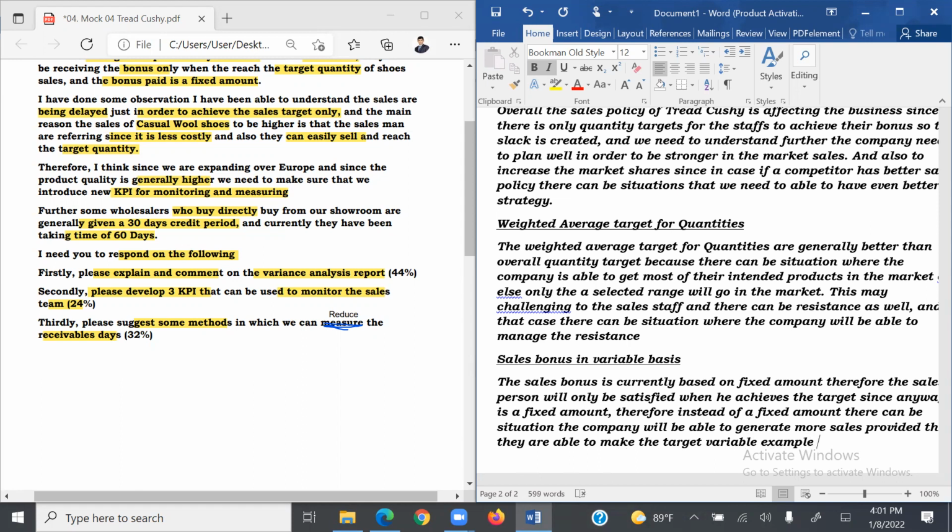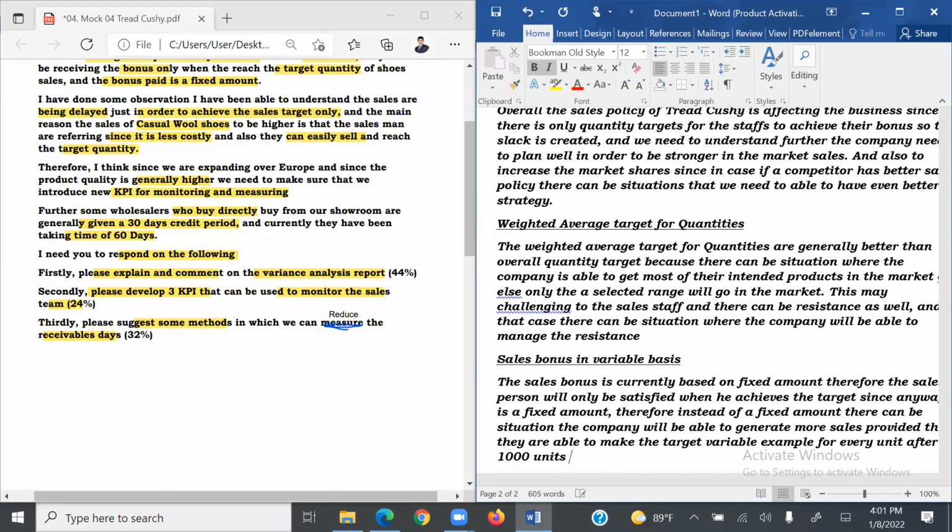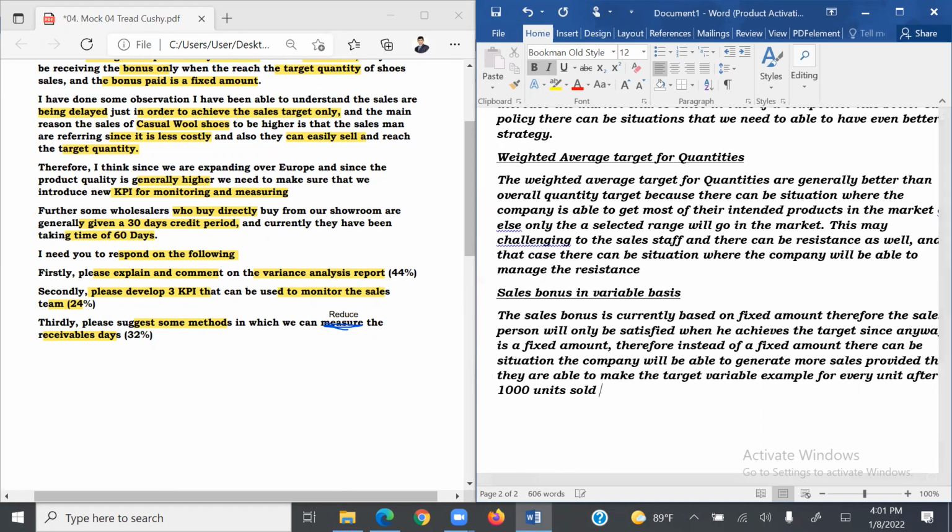Example, for every unit after 1,000 units sold, $10 bonus.